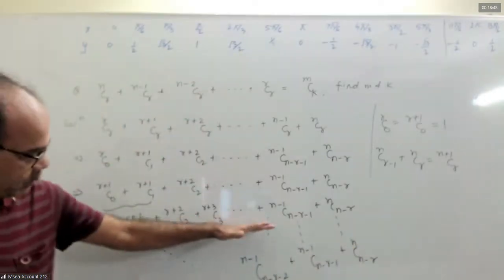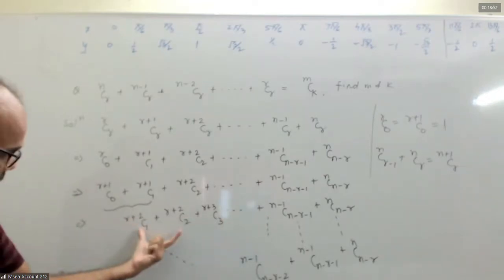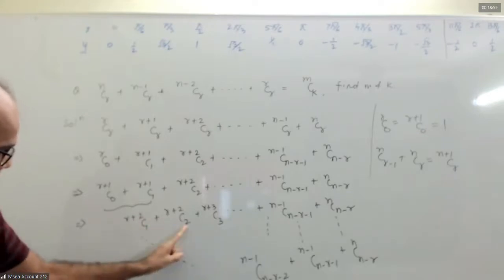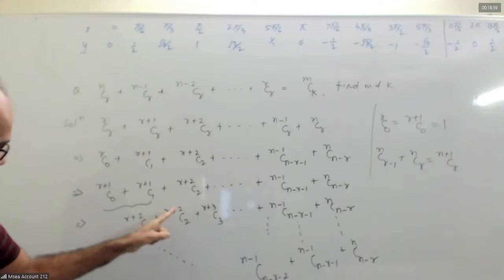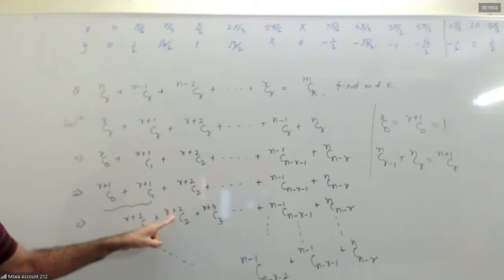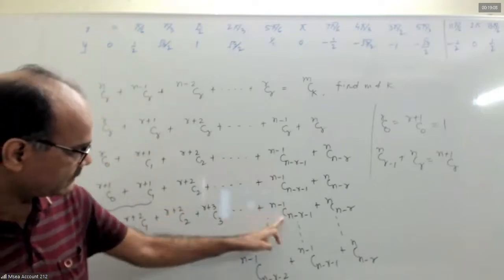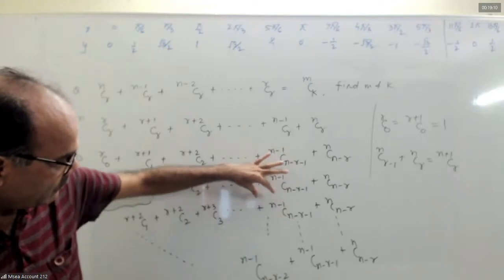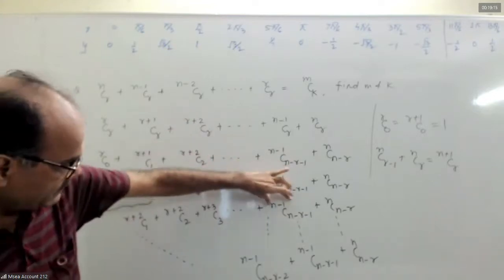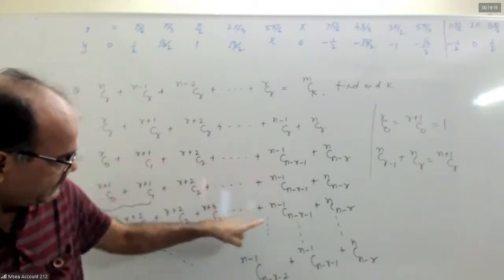Look at here how to analyze. If you merge these two terms, this subscript becomes 2 and this becomes 1 plus this. If you merge this term, the number just before this and this number will be the same, and this number will be just 1 less.